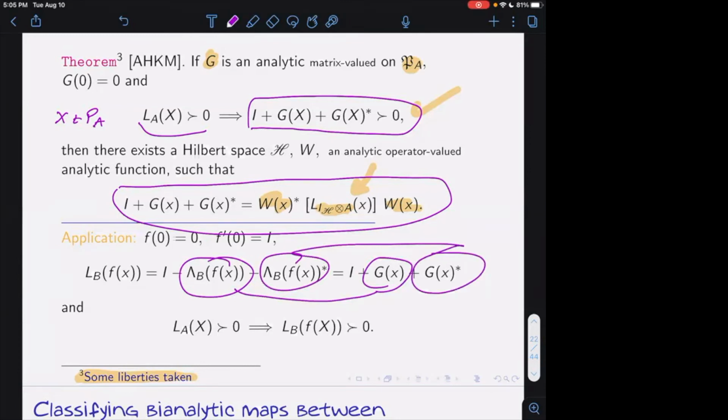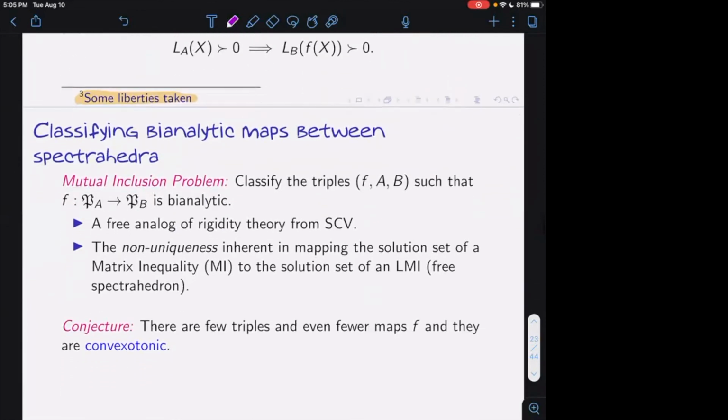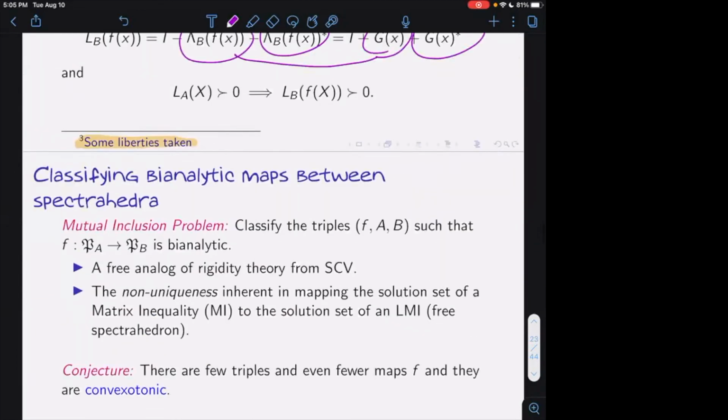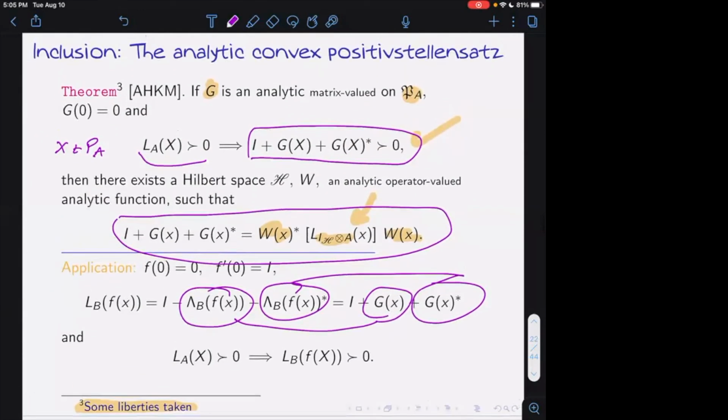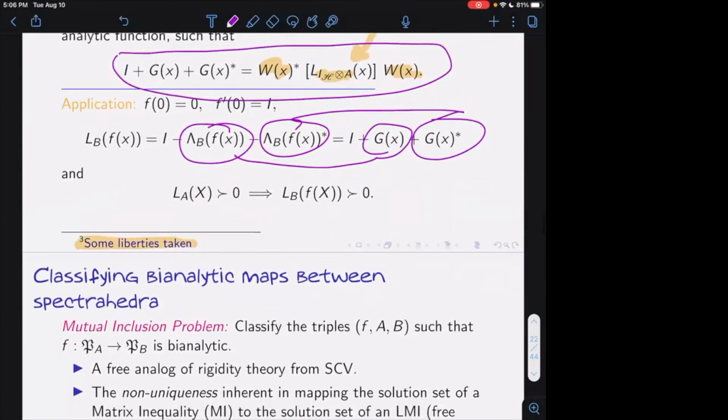So that's going to be the setting, and then I'll come back to that after a bit. Okay. So in any case, this handles the inclusion problem, and we'll actually use this result for the mutual inclusion. I guess that's not a shock.